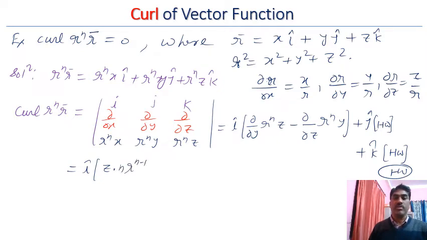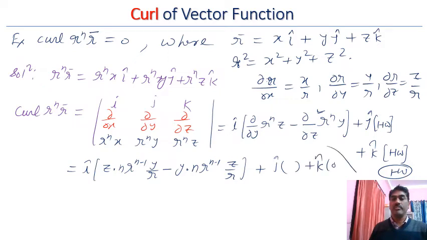This is simple multiplication, not dot product, so z n r^(n-1), then del r by del y, and del r by del y is y by r, so this is y by r, minus this, so y and r to the power n will differentiate to n r^(n-1), then del r by del z will be z by r, and then the two other terms that you will evaluate.